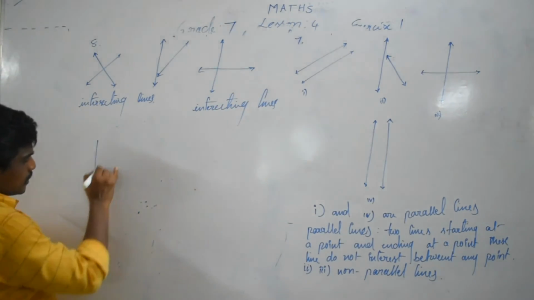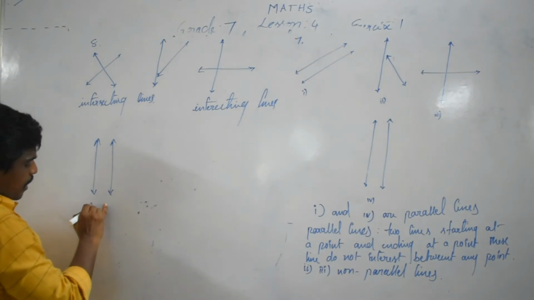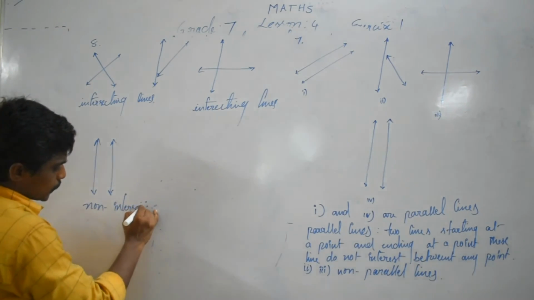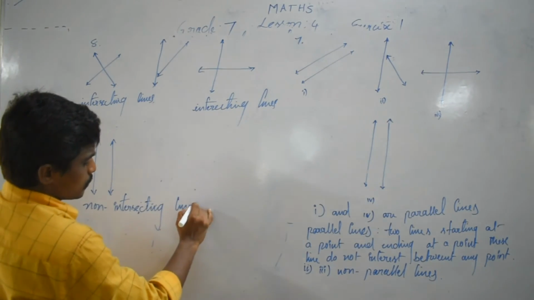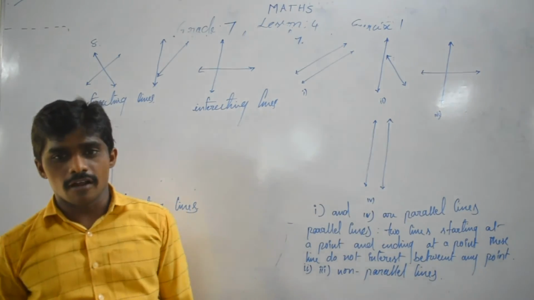These are non-intersecting lines. So we have finished exercise 4.1.